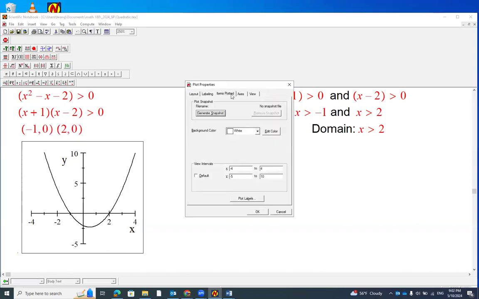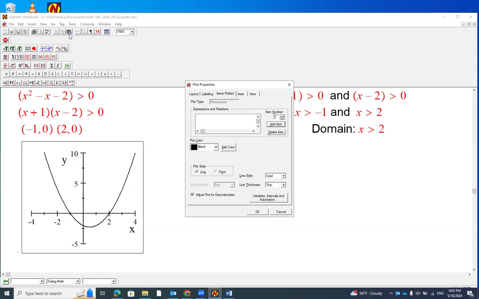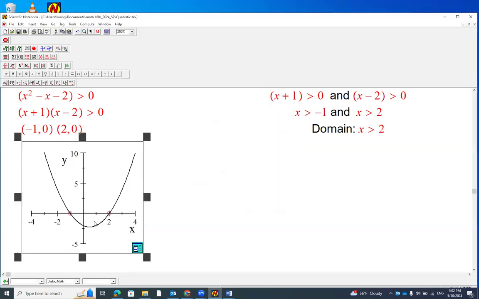We're going to mark them on the picture. I'm going to make it a red circle because those points are not included. Second point, and there we go. These are the two points, (-1, 0) and (2, 0).